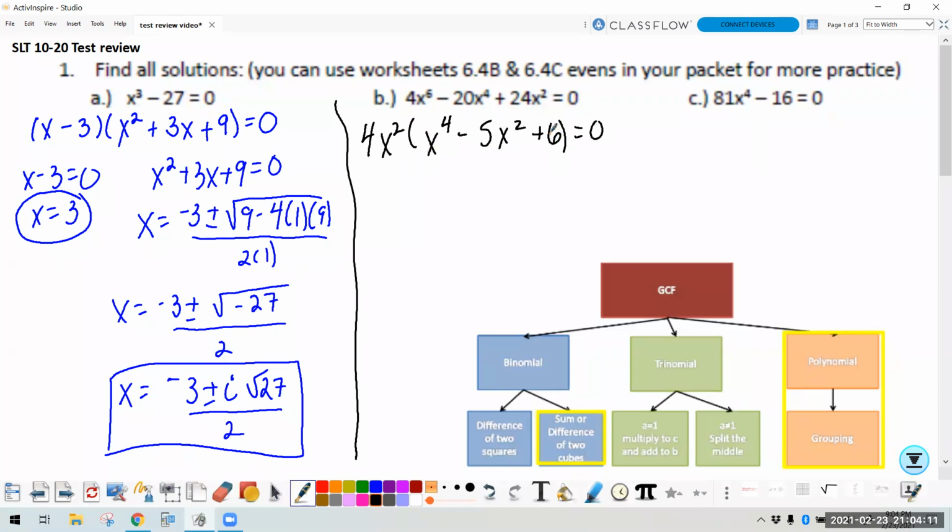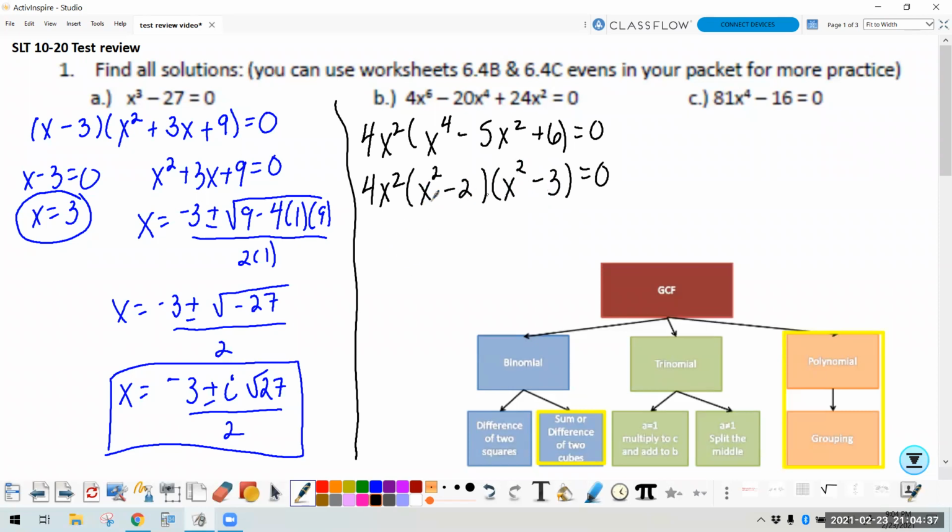Okay, now this trinomial, does that have a greatest common factor? It should not, I just took it out. We've got a trinomial, a is 1. What multiplies to 6 that adds to negative 5 is going to be negative 2 and negative 3 with x squared.